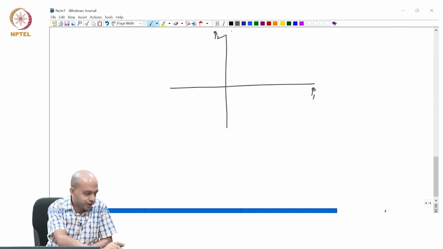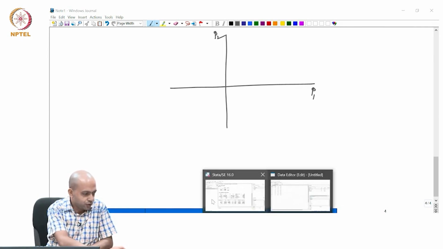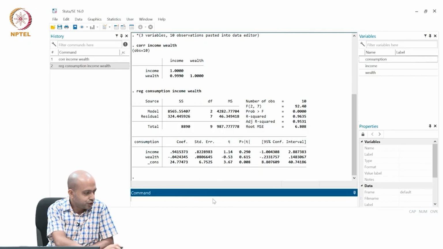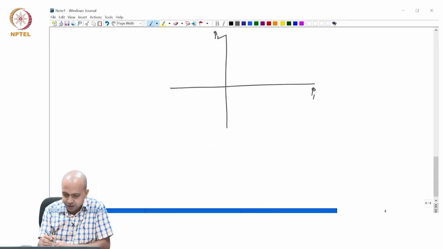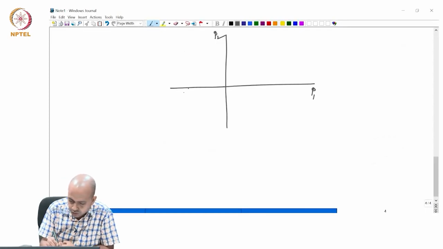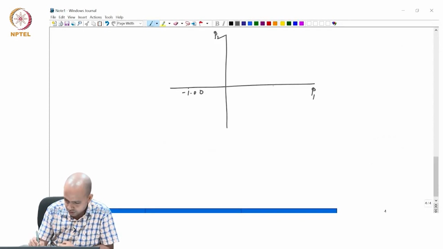Now, if you look at the confidence interval of beta 1 and beta 2, look at first the income. The 95% confidence interval is minus 1.00 to 2.88. Let us say this is minus 1.00, this is 2.88.